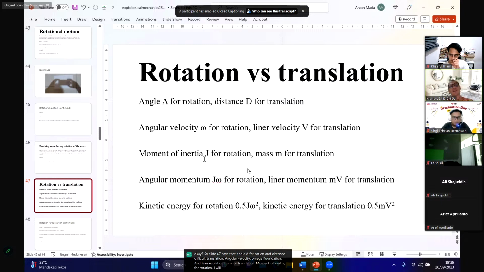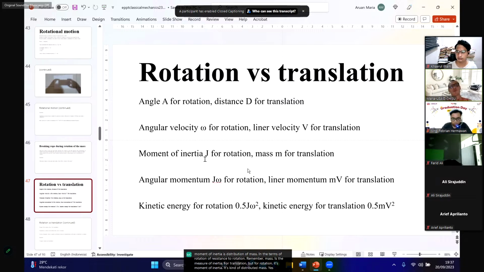I will explain that to you a little bit later, hopefully. Moment of inertia is distribution of mass in terms of resistance to rotation. Remember, mass is the measure of inertia for translation, but for rotation, it's moment of inertia. It's kind of distributed mass.